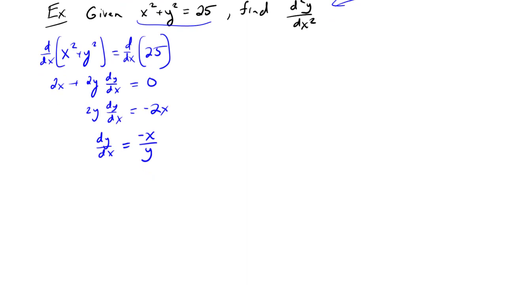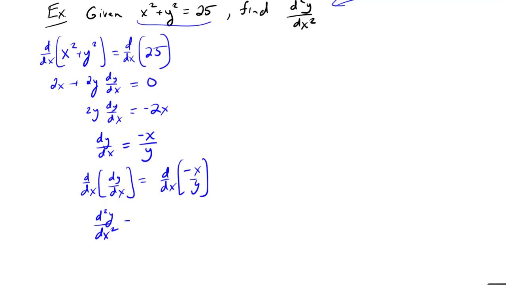All right, so if we take the derivative again of both sides, like this. So what's on the left-hand side? Well, that's really just the second derivative. Okay, now how about on the right-hand side? Well, what we have in here is a quotient, minus x over y.